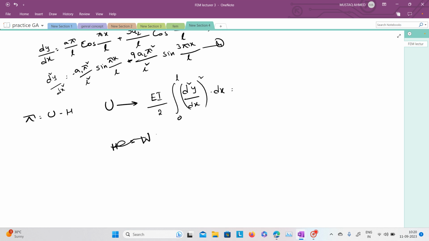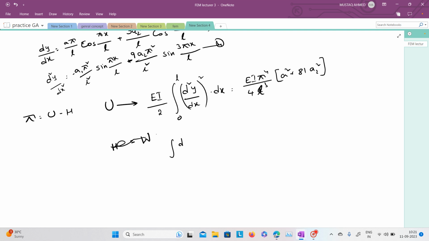It is a lengthy process, but the final answer will be U equals EI pi power 4 by 4 L cube into a1 square plus 81 a2 square. This will be U. How? You might ask me.